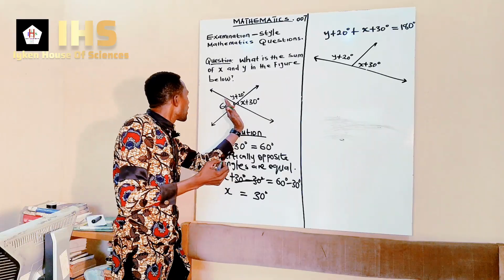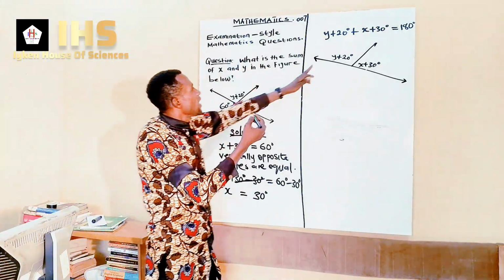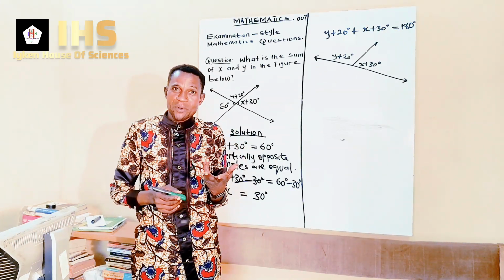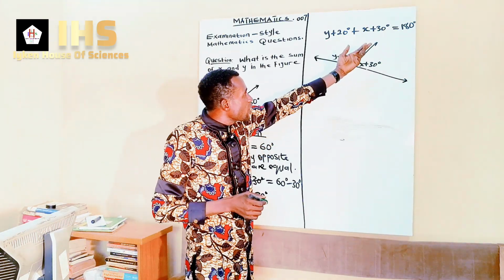Can you see it? I cut it out. And the sum of angles on a straight line is equal to 180 degrees. And that is why we have it here.